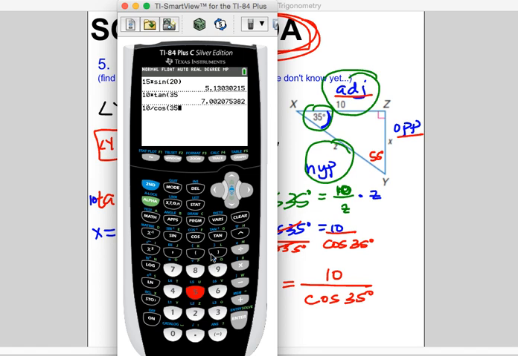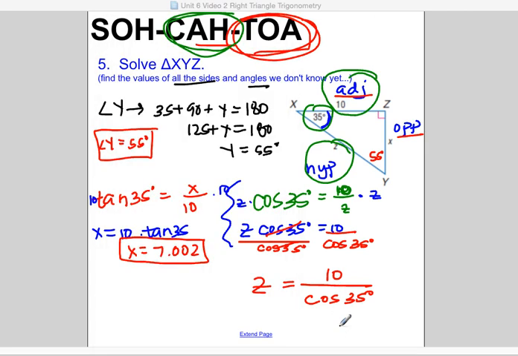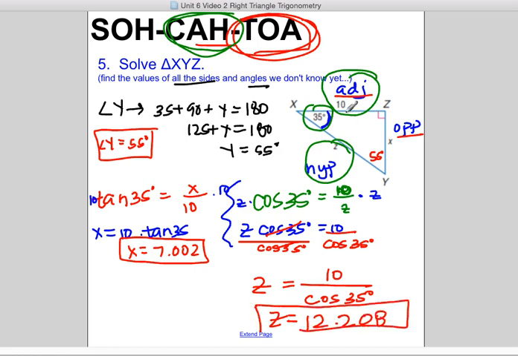Make sure you end the parentheses on this one. And we get 12.207, and since there's a 7 after, it tells me to round up to 12.208. So my z is equal to 12.208. So I have all three angles, and now I have all three sides, so this triangle is completely solved for.